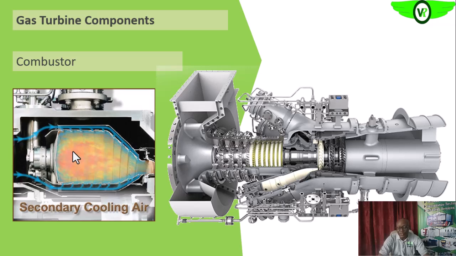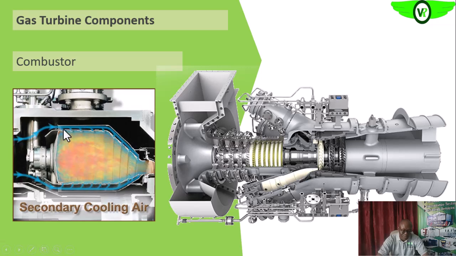Once it is combusted, remember it will be of high thermal energy. That is, the temperature will be very high, so it needs some level of cooling before it is sent into the turbine, or else it can destroy the turbine blade or even other components before the turbine blade itself, as we'll see later.